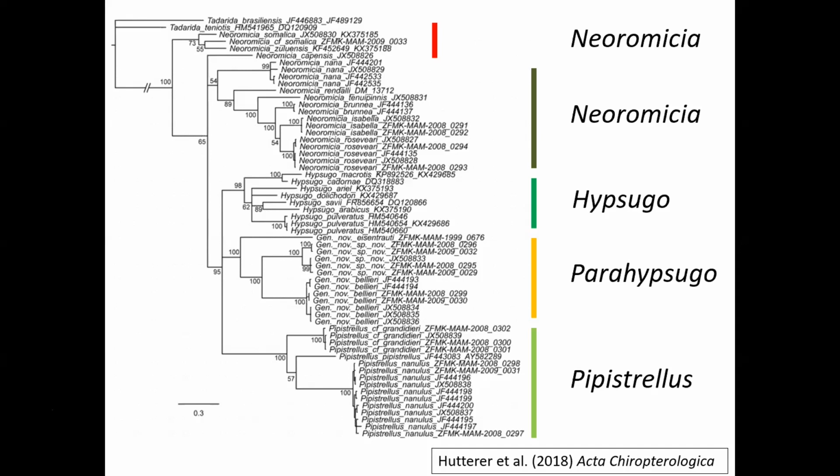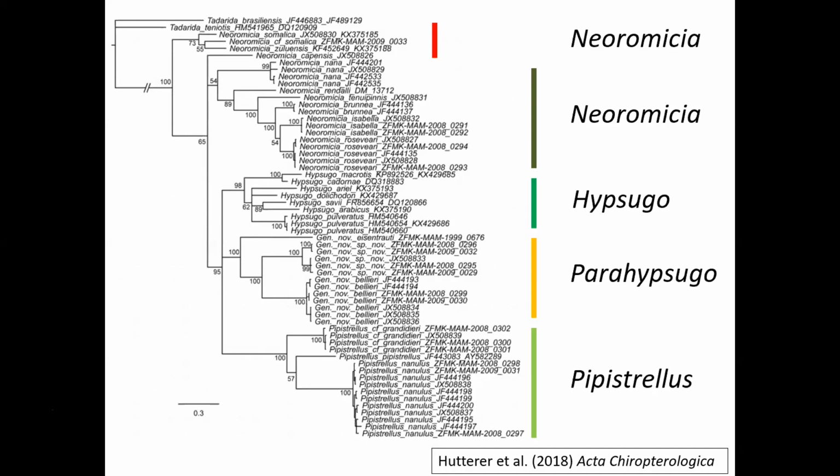groups. One other important thing that came out of this paper, that was led by Rainer Hutterer, a colleague of Jan Decher in Bonn in Germany, is that in fact the African members of the genus Hypsugo are not closely related to Hypsugo itself, and we named these a new genus, Parahypsugo.